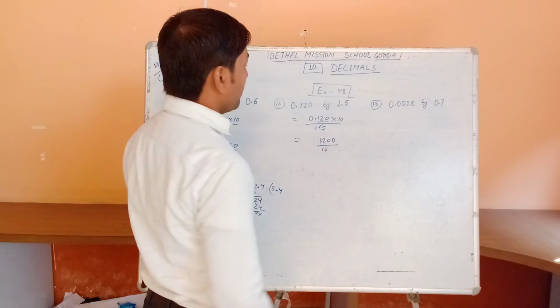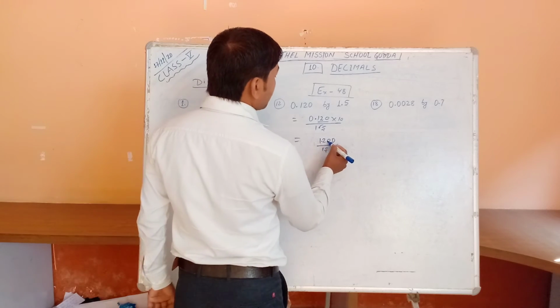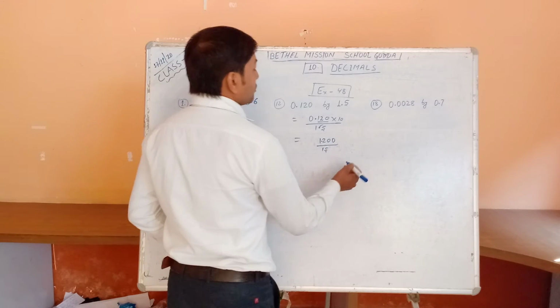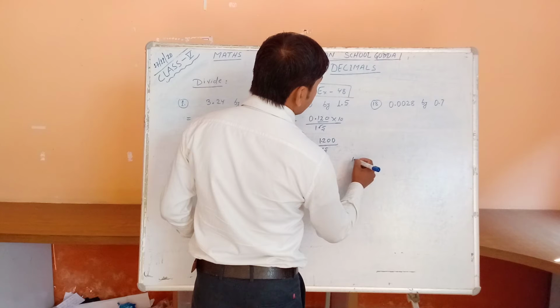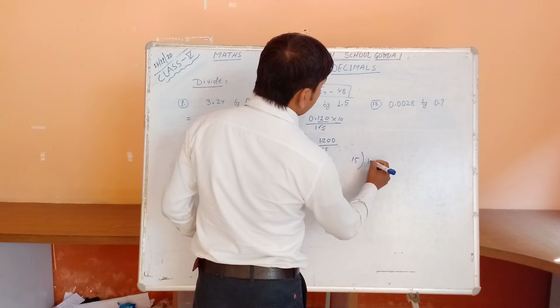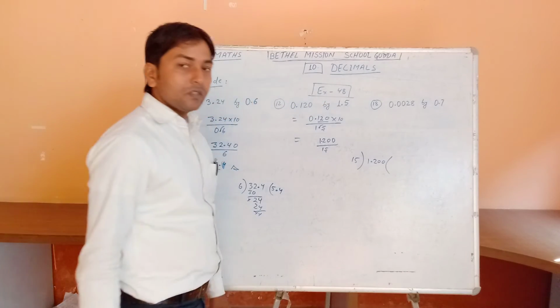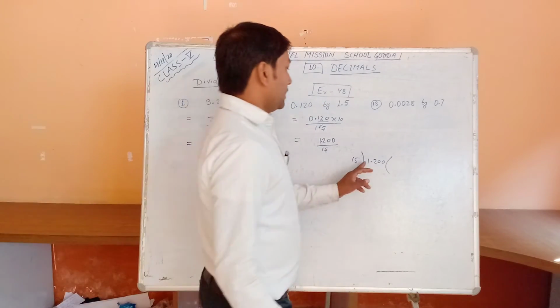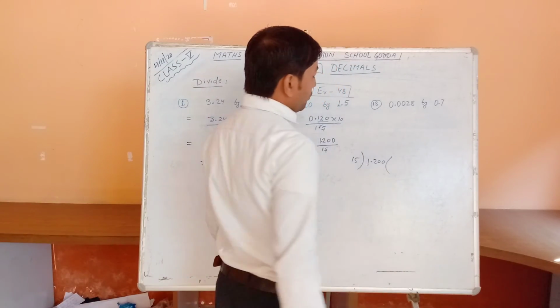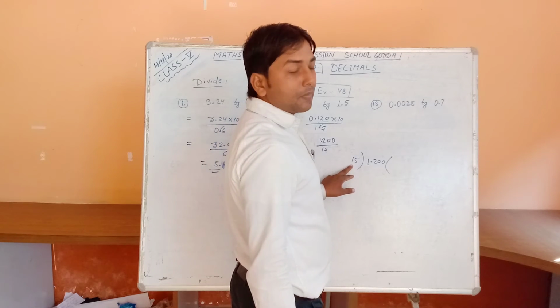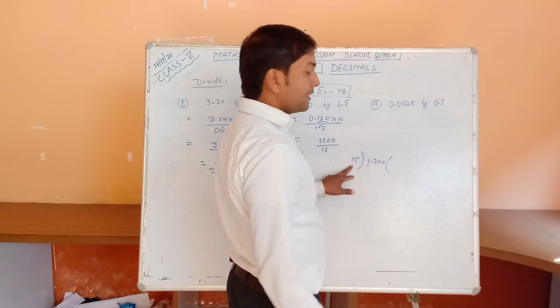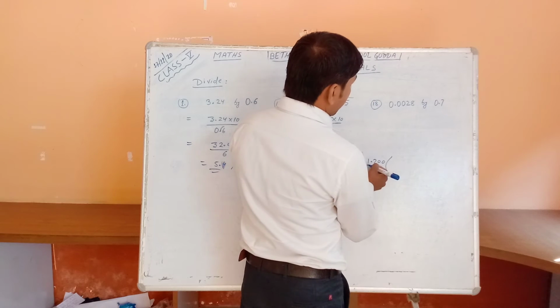Now you can divide. After the decimal, a 0 has no value, so you can write it or not as you wish. Now we divide 1.200 by 15. We have 1 and we can't divide it by 15, so we have to take 2.